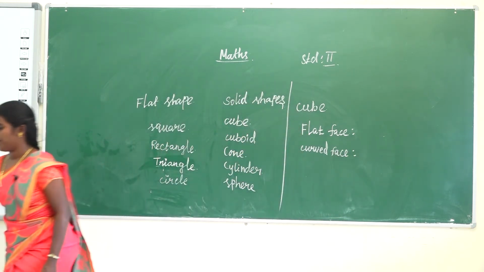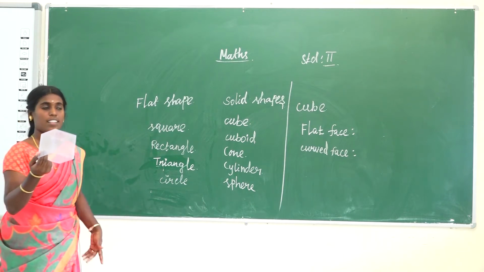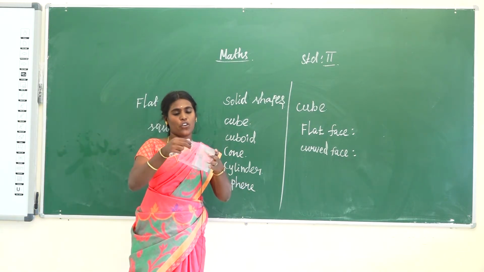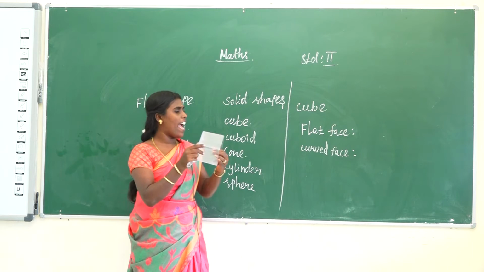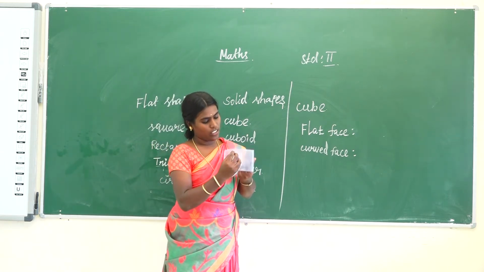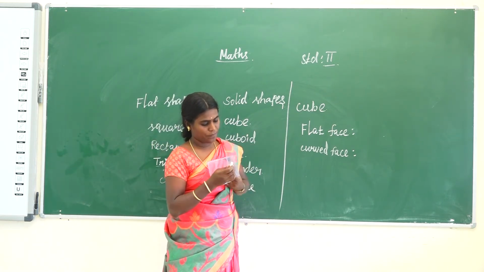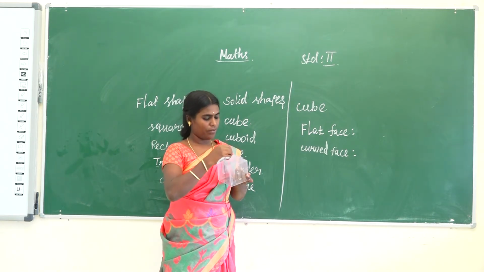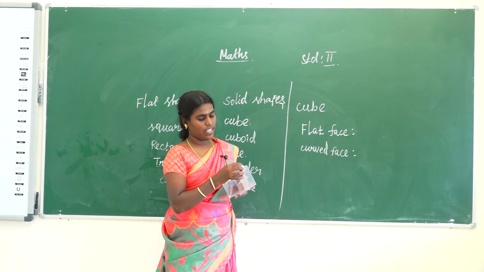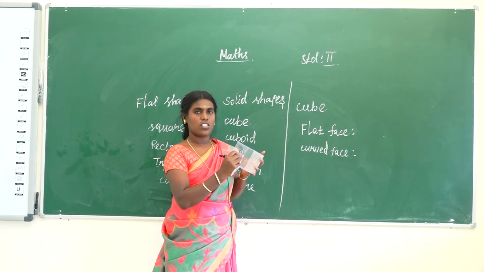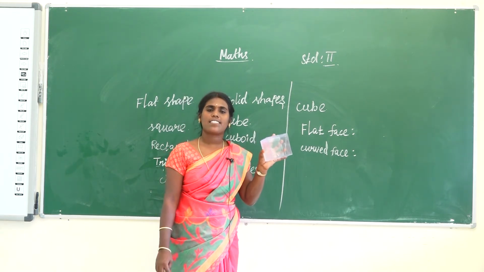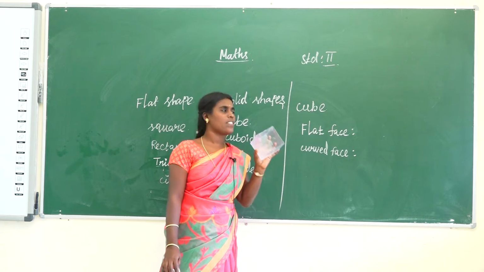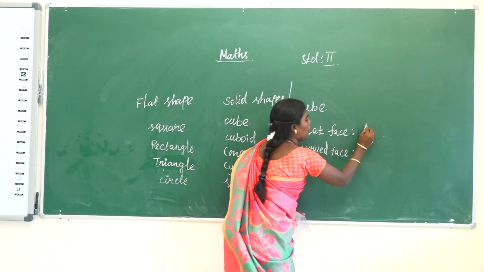That is a cube. How many flat faces? 1, 2, 3, 4, 5. Then here is 6. So there are 6 flat faces in a cube.